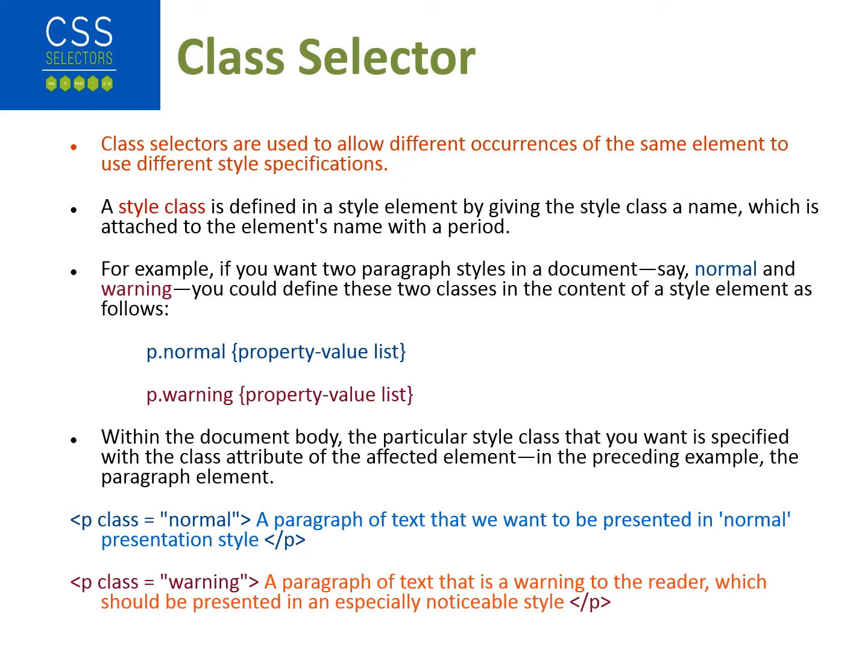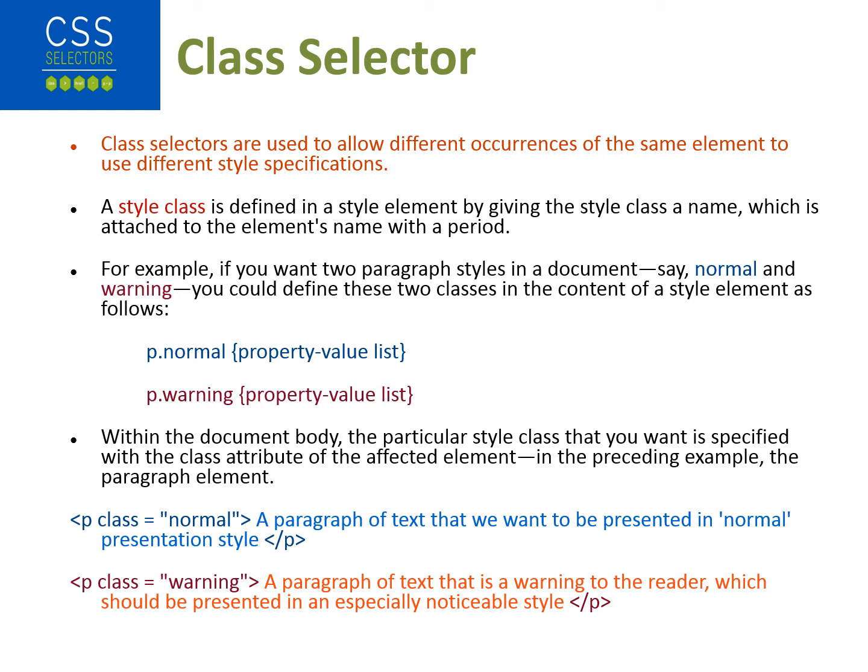What is specified in the P dot normal style definition? That property value list should be applicable for the text in that particular paragraph. So a paragraph of text that we want to be presented in normal presentation style. So this P dot normal will be applicable for this paragraph.